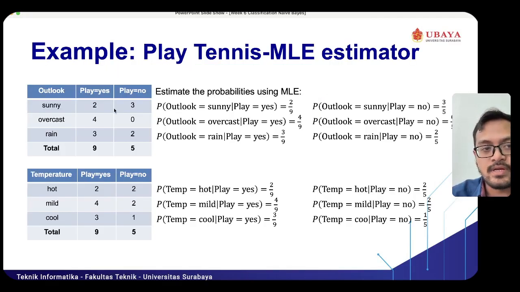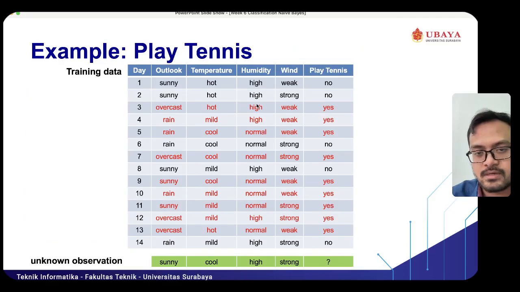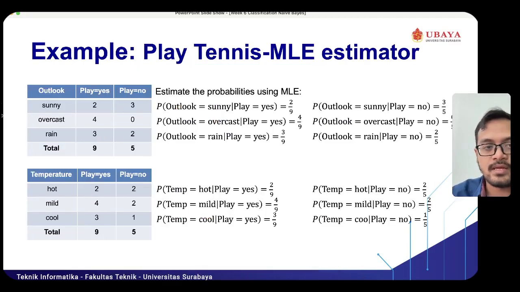We have 2, right? We can just calculate manually. We see the outlook condition equal sunny and it is also playing tennis. This one, right? Sunny and yes, 1, sunny and yes, 2. We have 2 events in our training data set where the outlook equals sunny and it is playing tennis, so we write here 2.